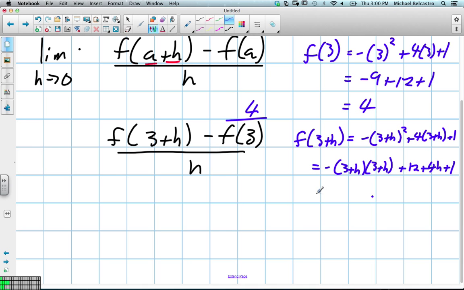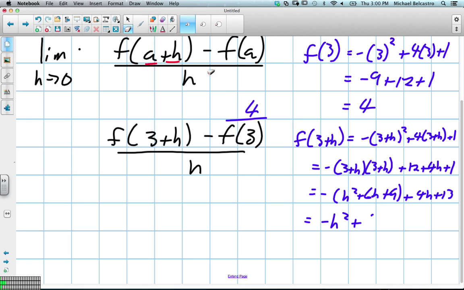So there's all the simplifying we have to do on the outside. We still have our negative. This will become h squared plus 6h plus 9 plus 4h plus 13. We apply our negative: negative h squared, minus 6h, minus 9, plus 4h plus 13.